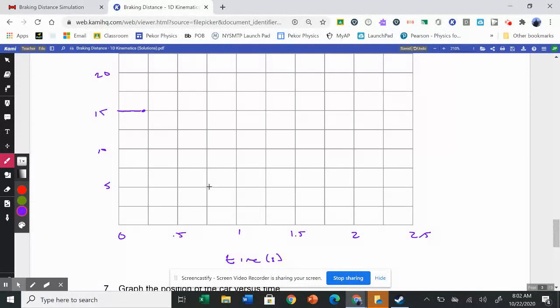And then by 2.43 seconds, we've stopped. And so I'll just take a straight line. I think I could do that with a tool over here. And drop it from here to here. And that would be my velocity versus time graph, or my speed versus time graph.